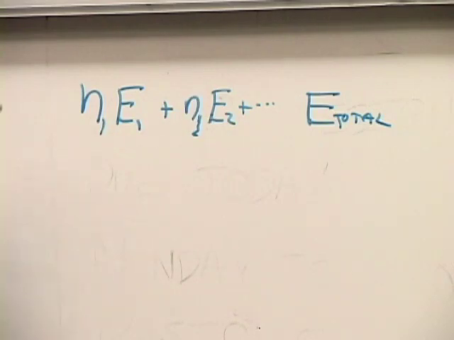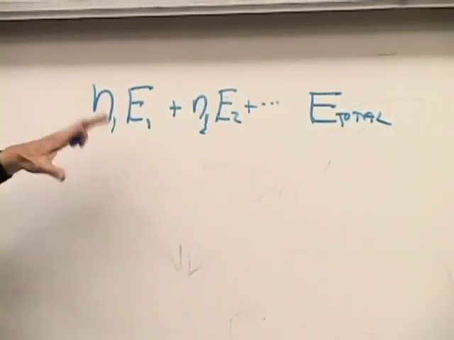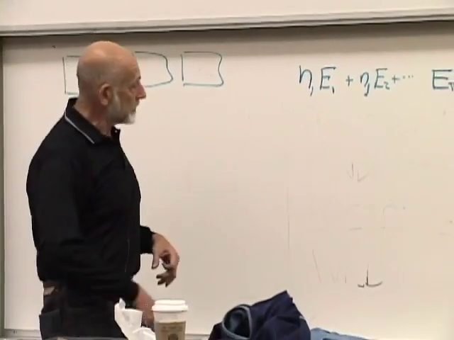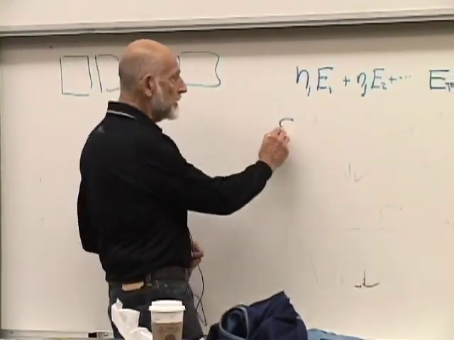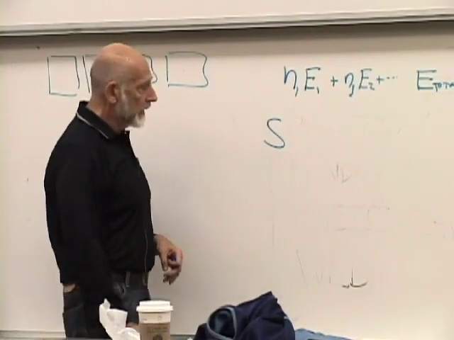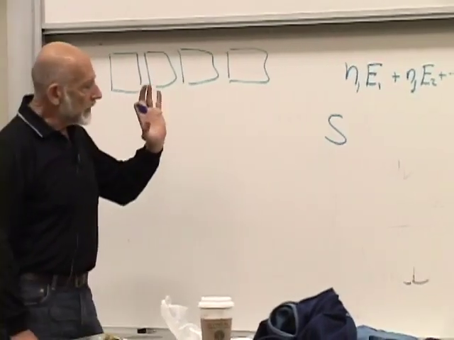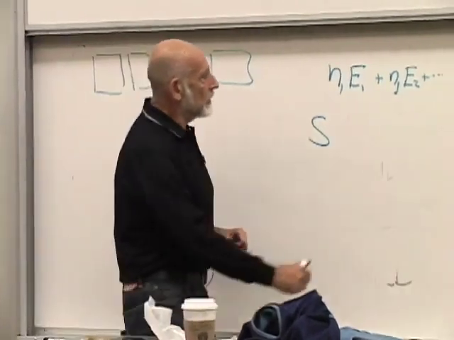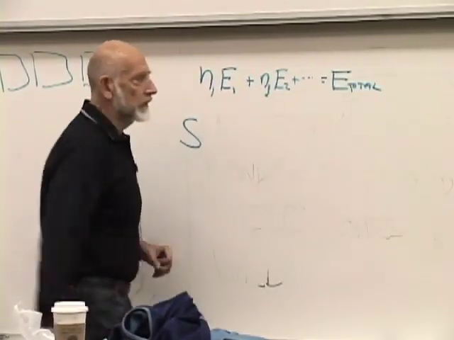Just go back to your early notes. I just want to remind you. And how did we implement this constraint? We had a problem of maximizing something. We wanted to maximize the entropy given that the total energy is fixed.